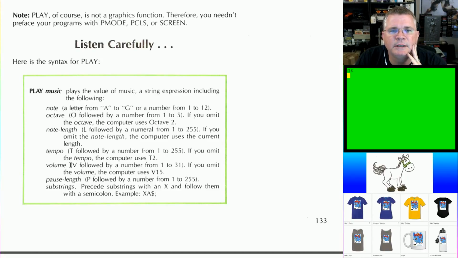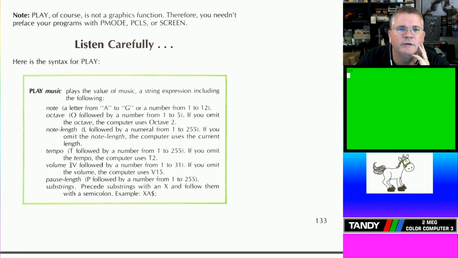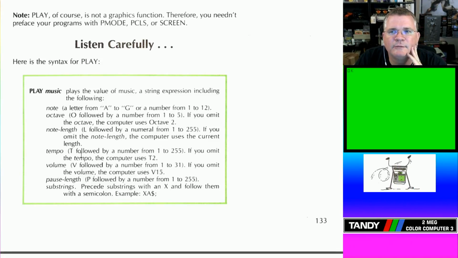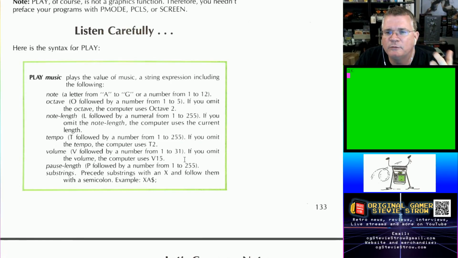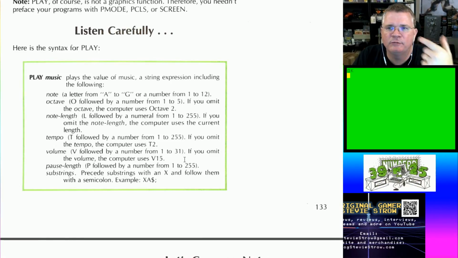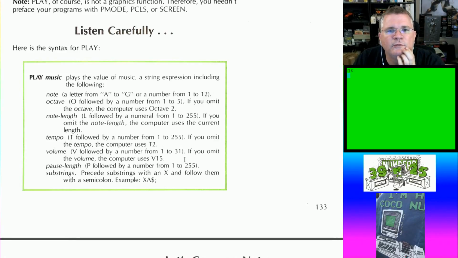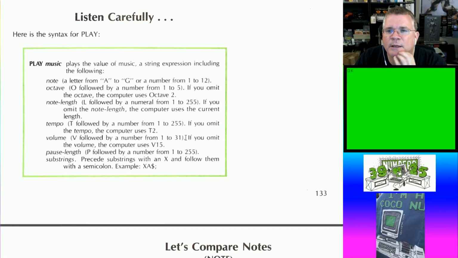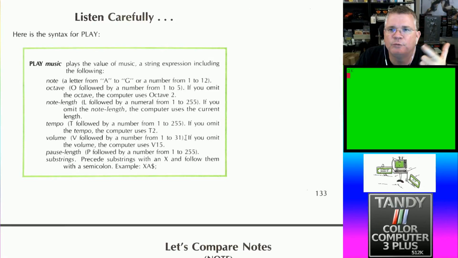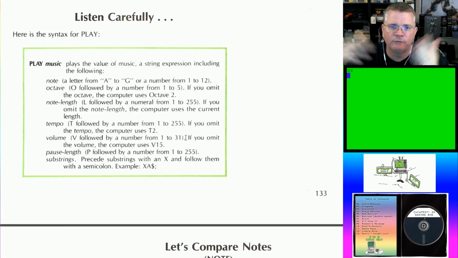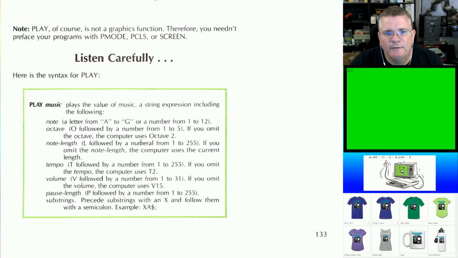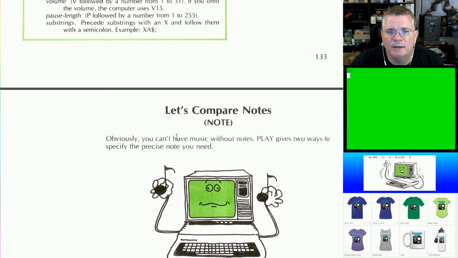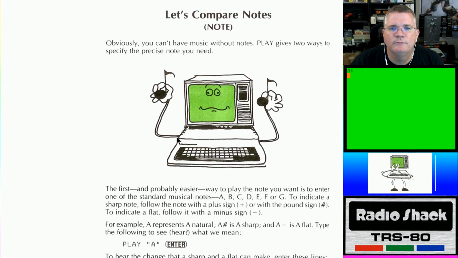We can actually change the volume of an individual note, and so you can get some neat effects there. And you can also insert pauses between notes, so if you need to pause for a beat or more, you can do that. And then, much like the draw command, you can create strings of music and then have the play command call these strings that are called substrings, so you can execute substrings. So that's kind of the introduction to the syntax of the play command. The chapter will break us through some more of it.